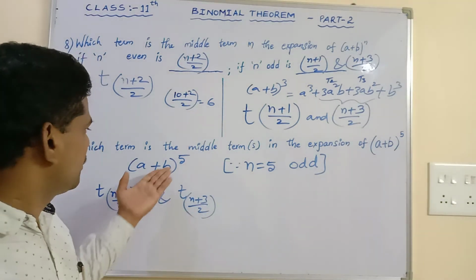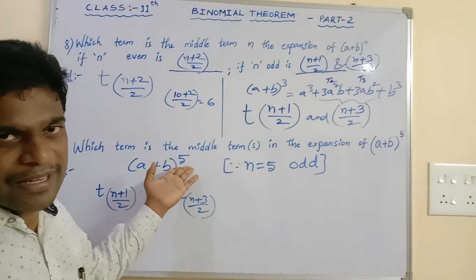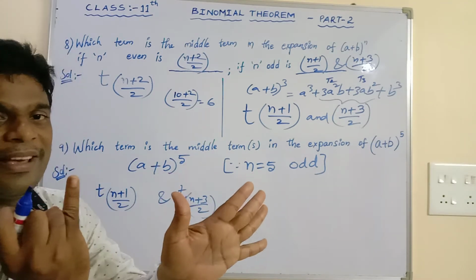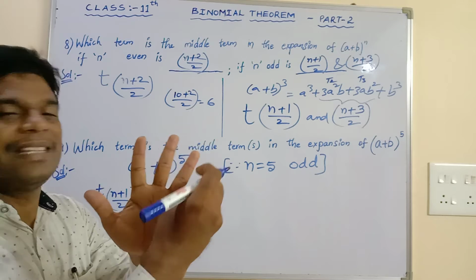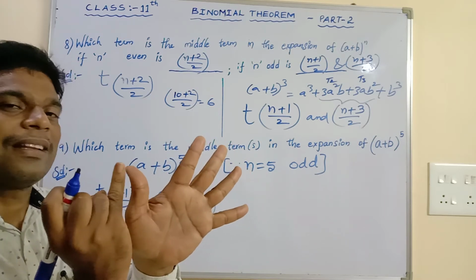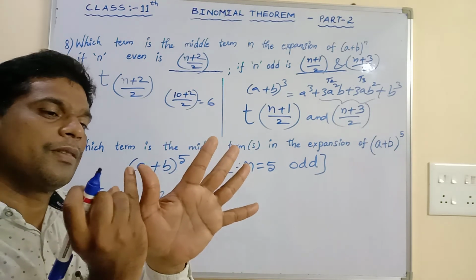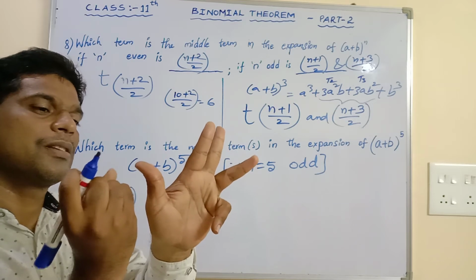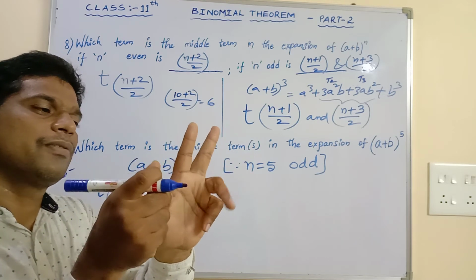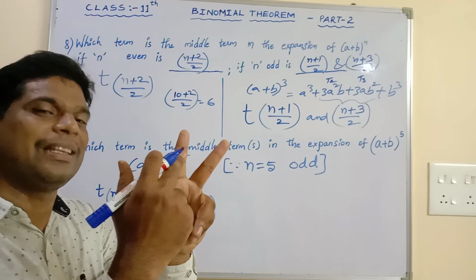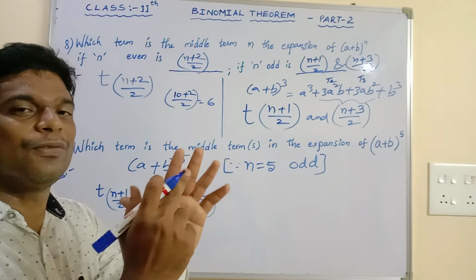Here the power is 5, so 6 terms will be there: 1, 2, 3, 4, 5, 6. What are the middle terms? First one close, sixth one close. Second one close, fifth one close. Means 3 and 4. Third and fourth are the middle terms.